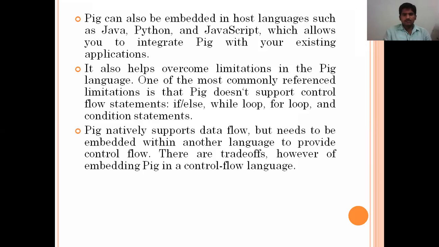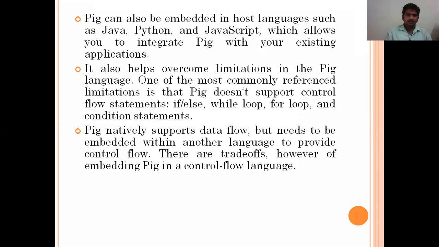So Pig natively supports data flow, but needs to be embedded with another language to provide control flow. So this script we can use in Java, where we can provide control flows. In Pig directly, we don't have any control flows or conditional statements.